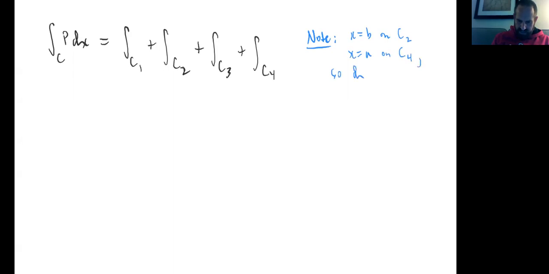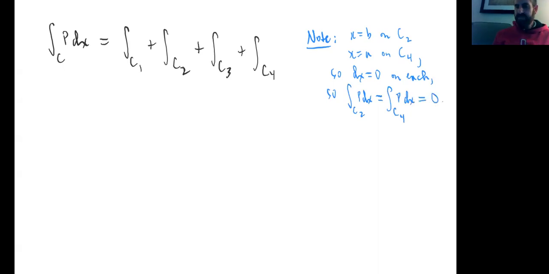So dx is 0 on each of these. That means that the integral over C2 of p dx is equal to the integral over C4 of p dx, which is 0. So that one was kind of easy.